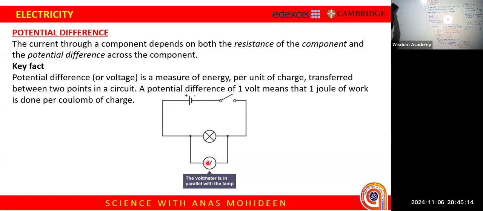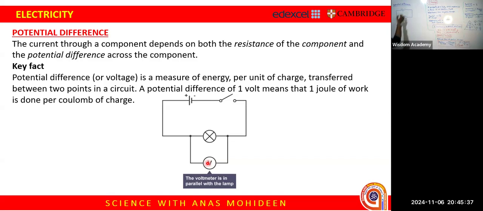We're going to take the potential difference. This is the setup, let's say. It is a lamp.